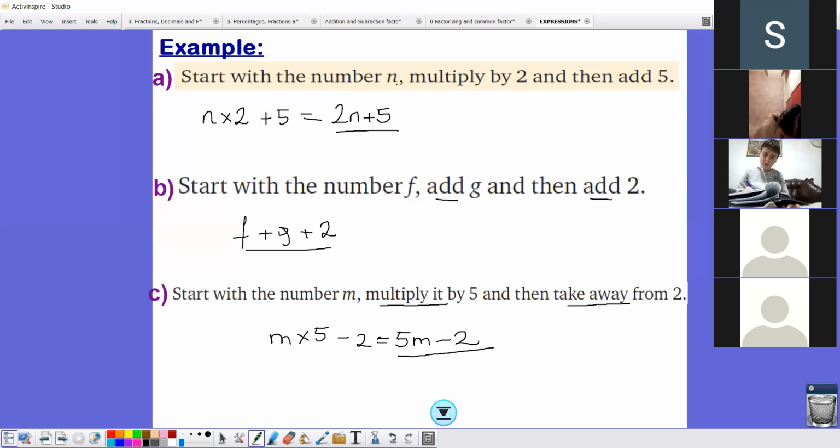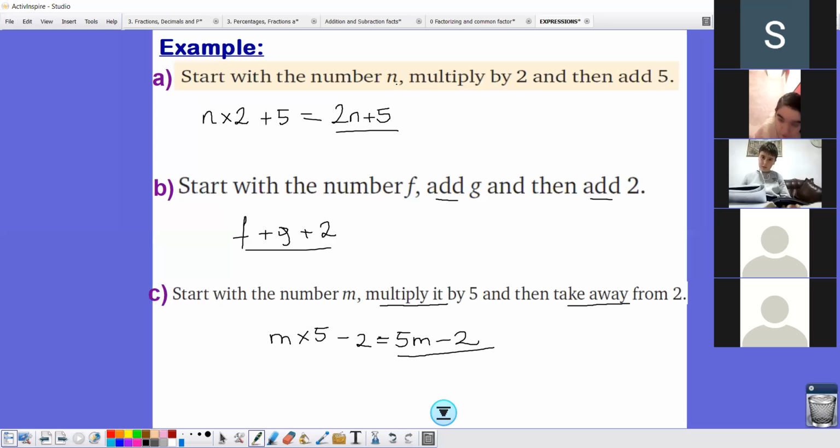Did you understand what an expression is and how we write them? We'll continue tomorrow to write more. Don't forget that we are not solving them. We are not trying to find an m or an n. Because of that, it will not equalize to something.